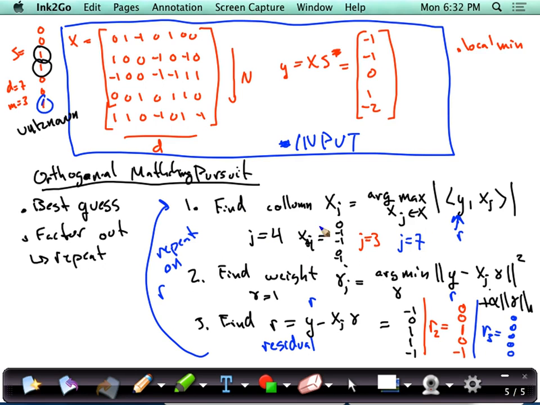The only way to solve it is to always choose the maximum, the best choice of column, and it'll actually recover it. So you can try it with just the basic algorithm for orthogonal matching pursuit.